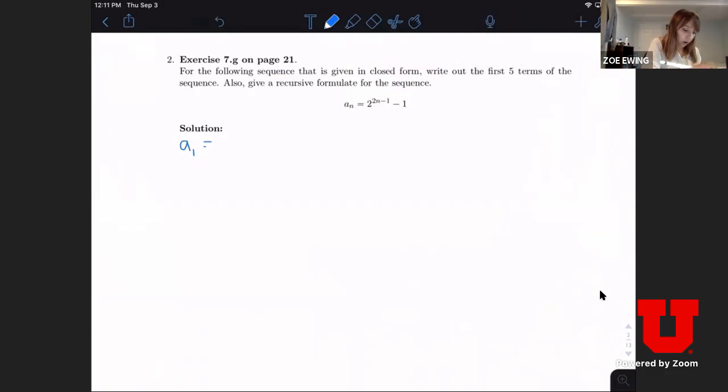So for A1, we have A is 2 to the 2 times 1 minus 1, minus 1, which is going to be 2 minus 1, which is 1. And then we'll follow that same pattern for 2 through 5. And I will give you guys, let's say, 3 minutes for everyone to work on that.